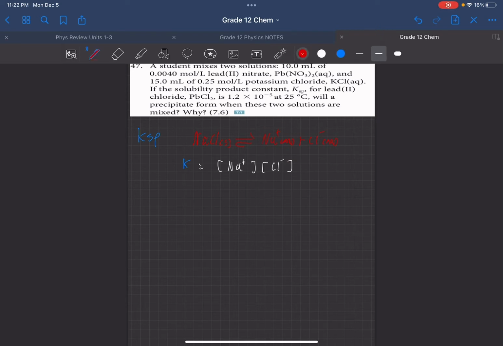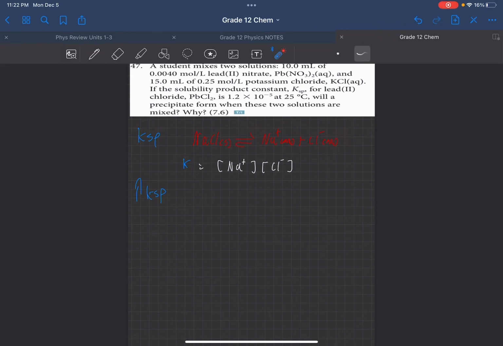Okay, so what happens as KSP gets greater? So as KSP increases, what happens to the solubility? Well, as we said, KSP is really only dependent on the ions, these guys. So as KSP increases, that means that the amount of ions that we have in our products also increases.